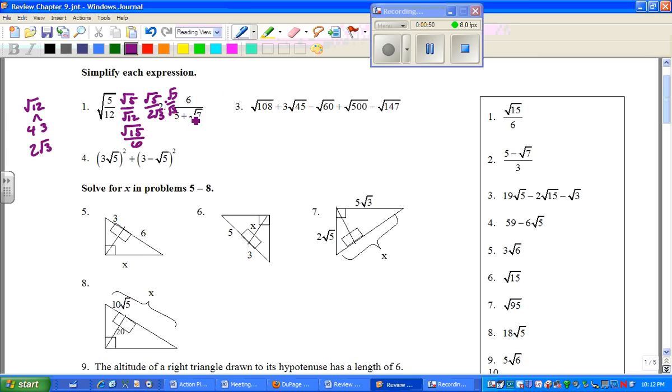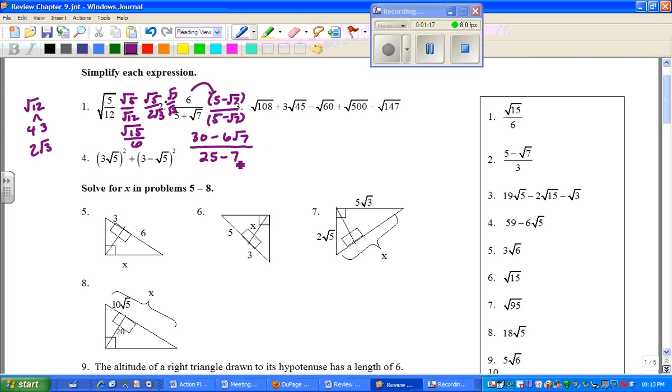Number 2 is the question because there's a plus or minus, so it's a conjugate. So you multiply 5 minus root 7 over 5 minus root 7. When you FOIL the top, you get 30 minus 6 root 7. On the bottom, you can cheat and you can skip the O and the I in the FOIL. So do 5 times 5, which is 25.